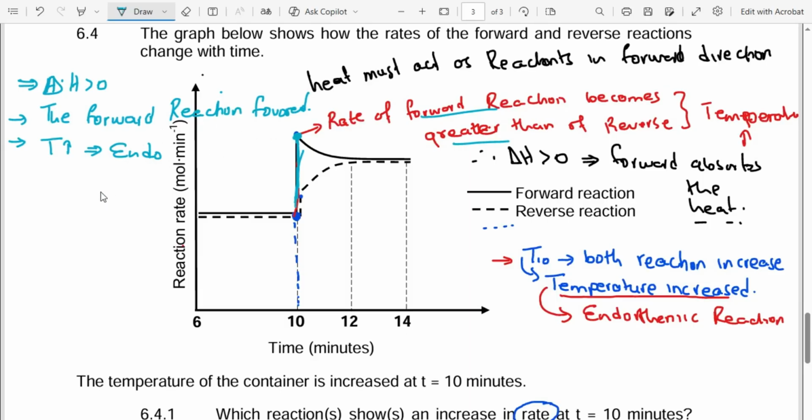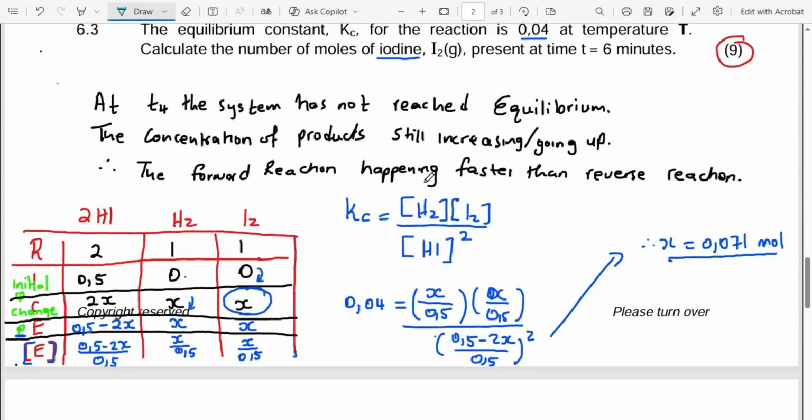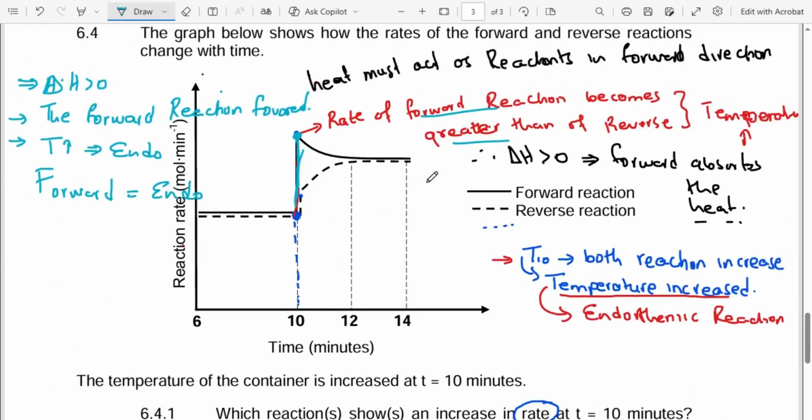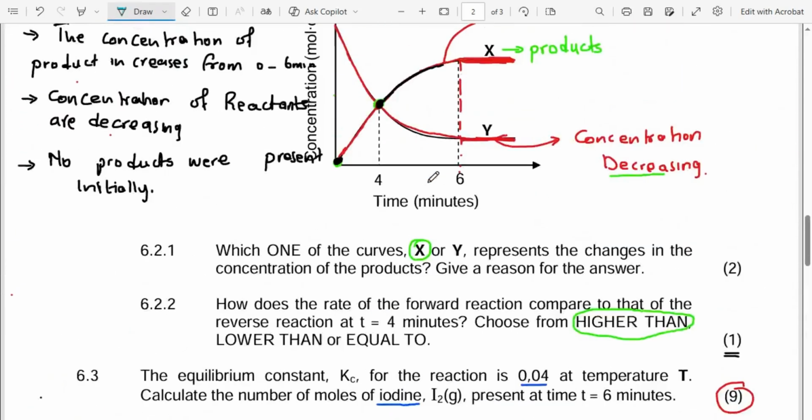And if the forward reaction is endothermic, therefore, you can just say that the forward is endothermic.